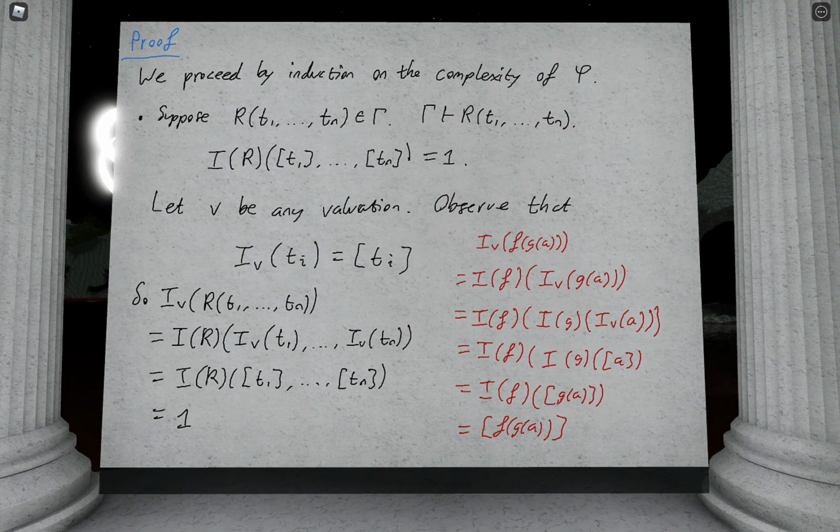So this interpretation has to make it true, and that's true irrespective of what valuation you use. So that lets me conclude this. So that's the base case. Any questions about that?